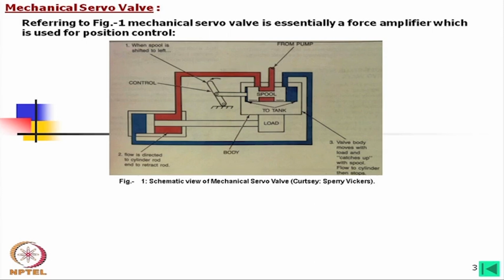Now, what we look into in this scheme is a schematic view of a hydraulic circuit. What we find here is a cylinder, and this is the high pressure side, this is the low pressure side, and here is the load.